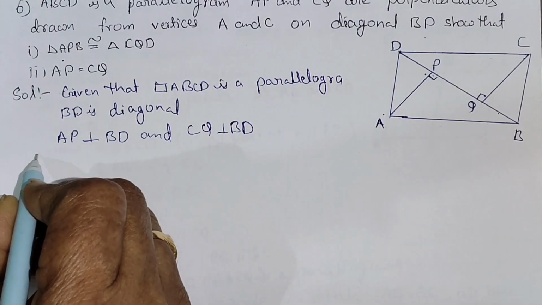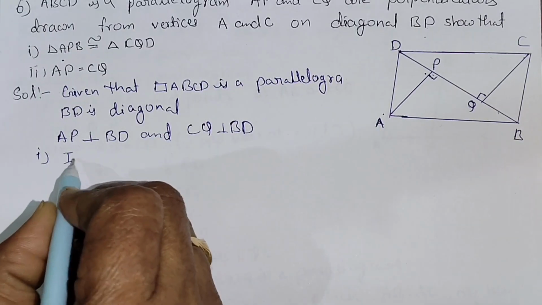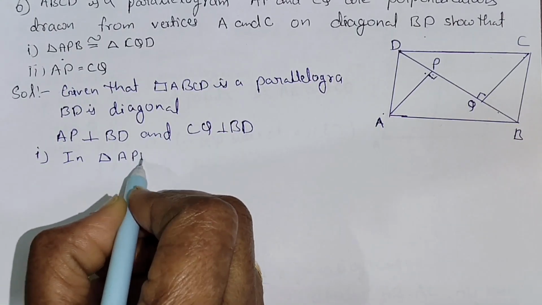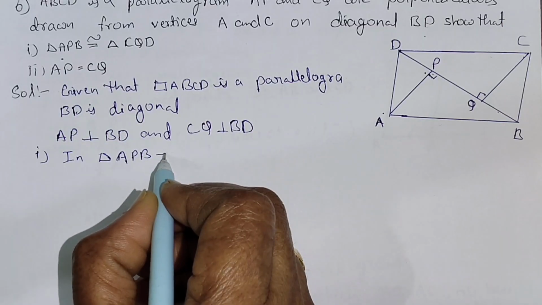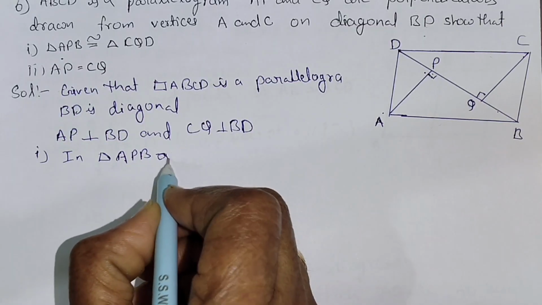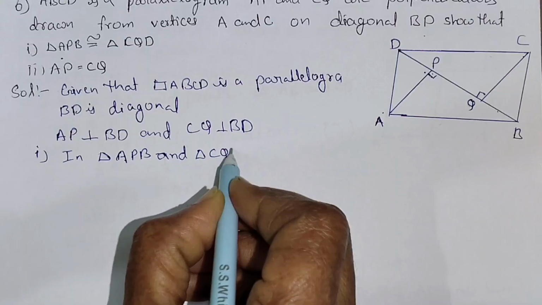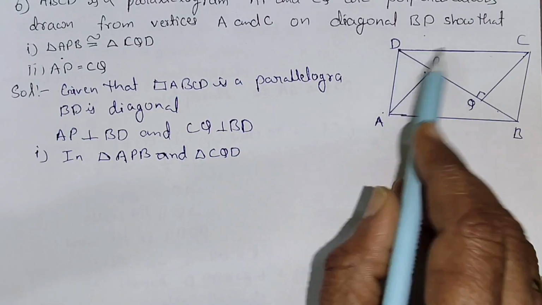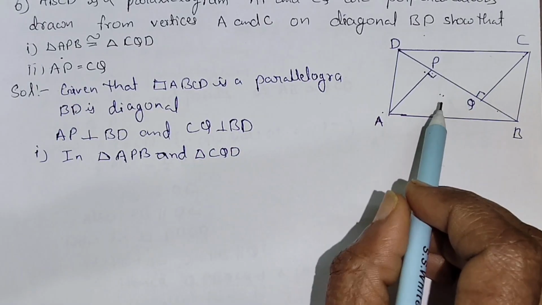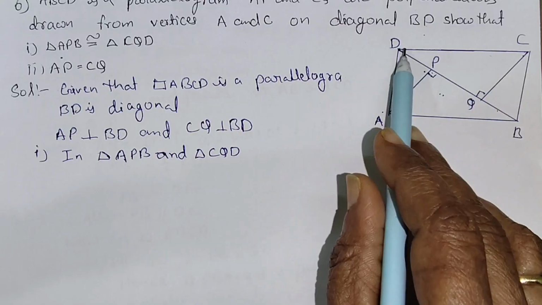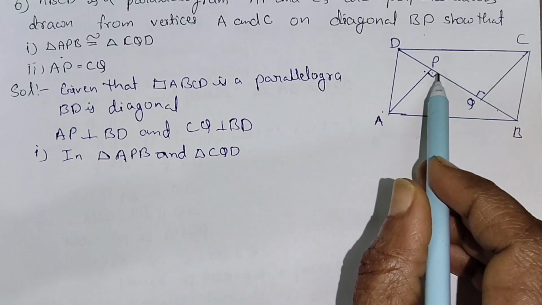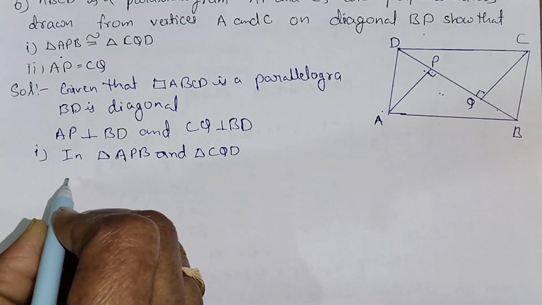So first we take these two triangles, triangle APB and triangle CQD, and compare the sides. Here AB equals DC, because ABCD is a parallelogram and these are opposite sides of the parallelogram.